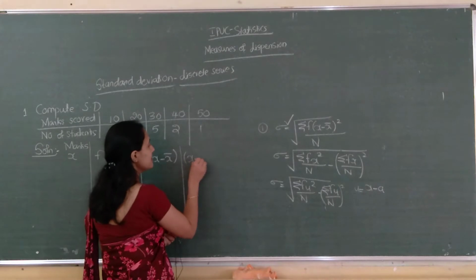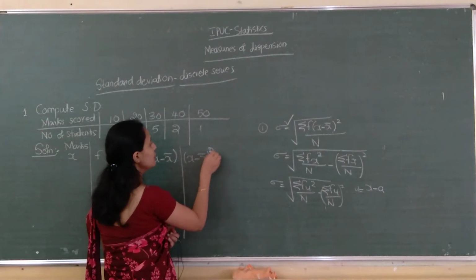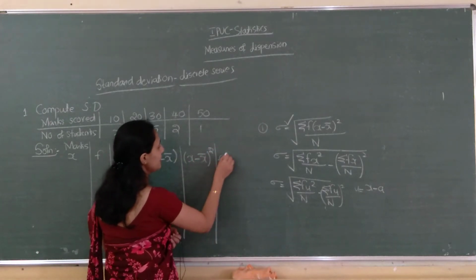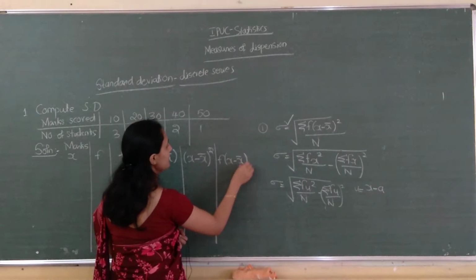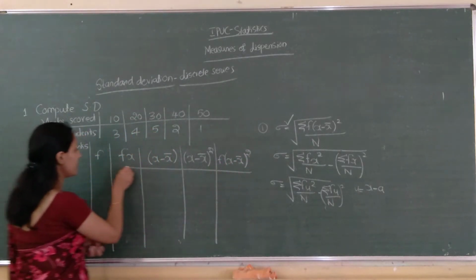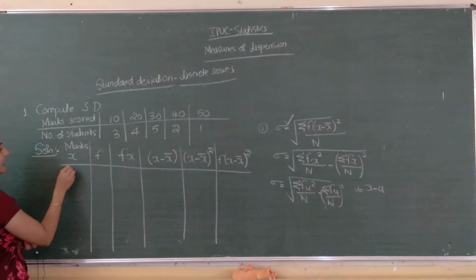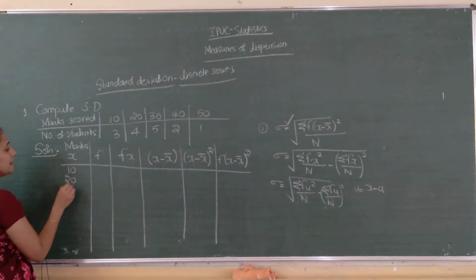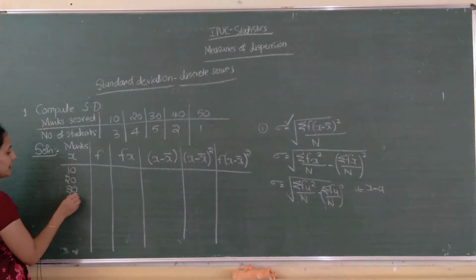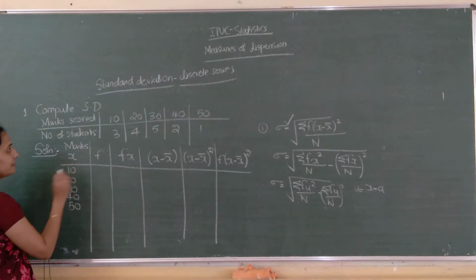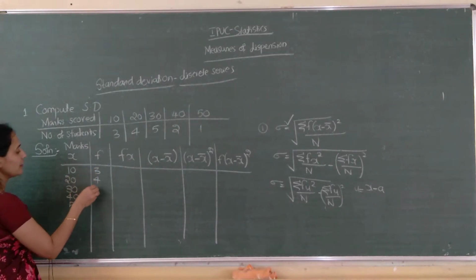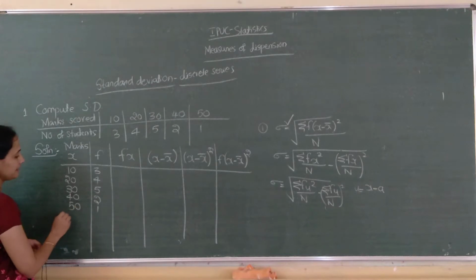Then (x minus x bar) the whole square, and lastly f into (x minus x bar) the whole square. Marks: 10, 20, 30, 40, 50. F: 3, 4, 5, 2, 1.